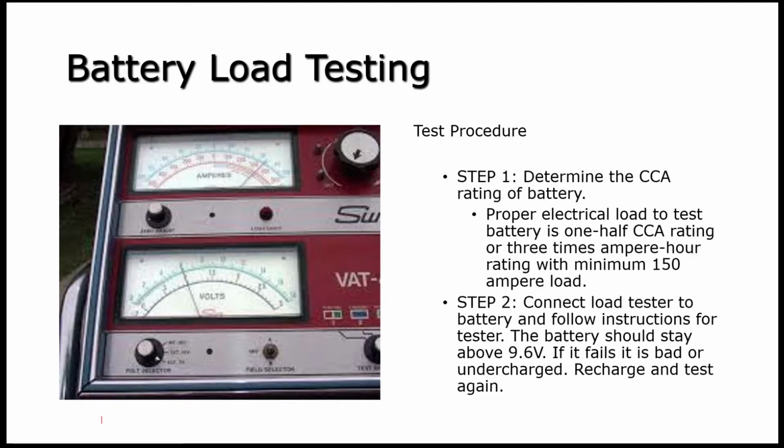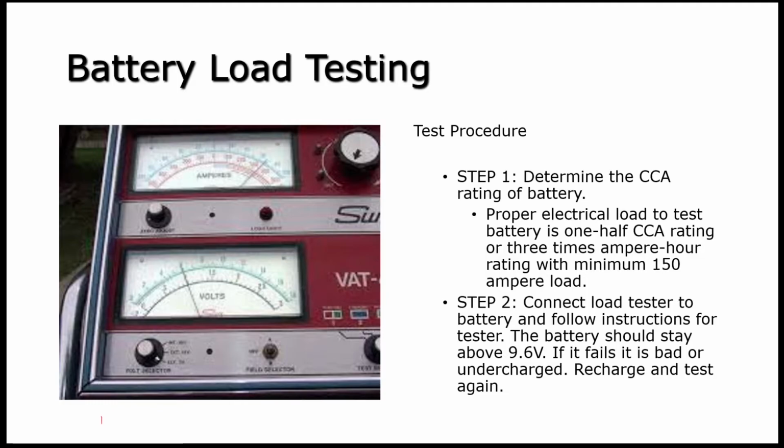Step 1, determine the CCA rating of the battery. You need to know what the cold cranking amps of the battery are. Again, I will demo this in the lab. You should already be somewhat aware of this from Intro Auto. You probably didn't do this test in Intro Auto, but you should be aware of it, okay?